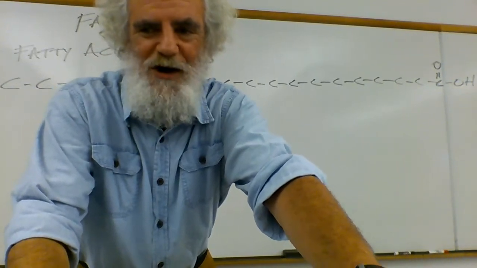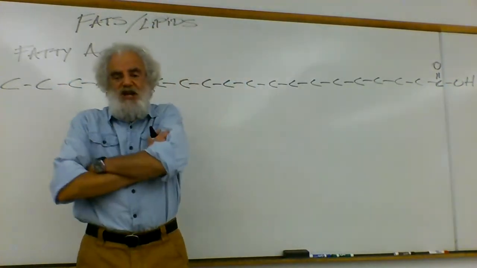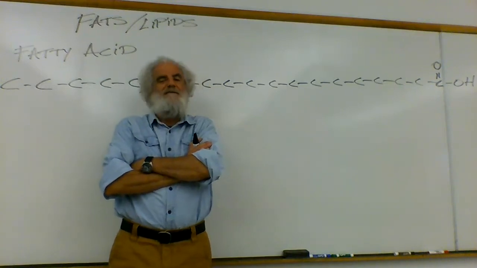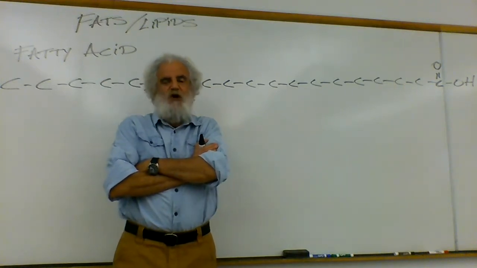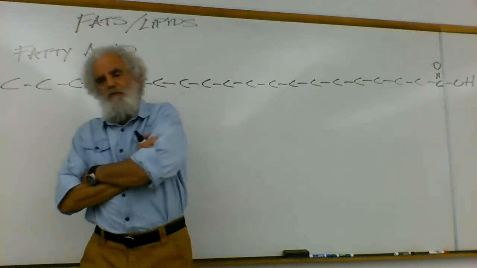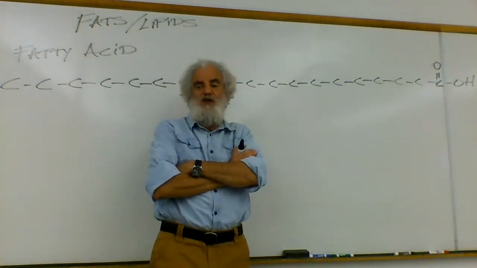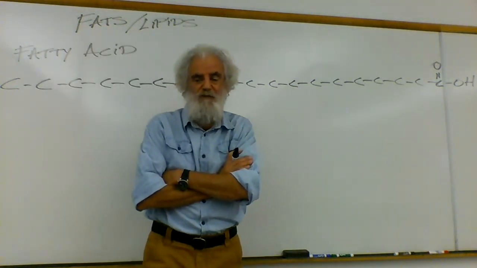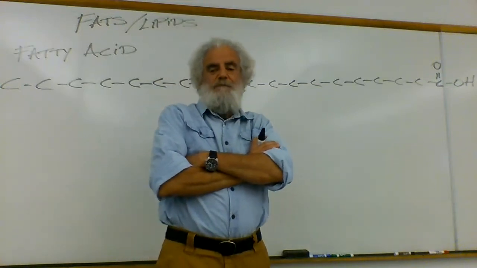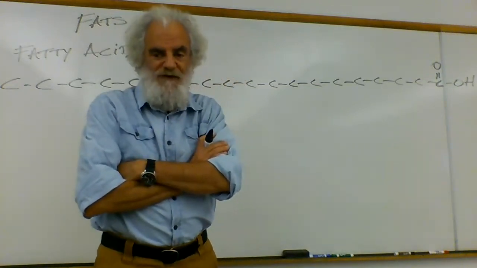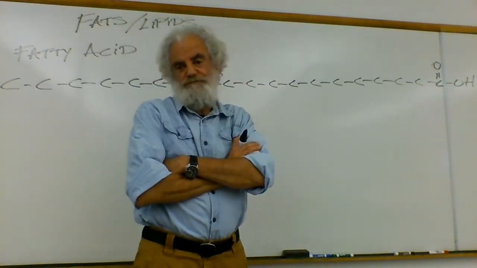There's that OH group. Okay, that is an 18 carbon fatty acid. So to draw a fatty acid, you put a bunch of carbons out there, and then you put the carboxylic acid group at the back end.